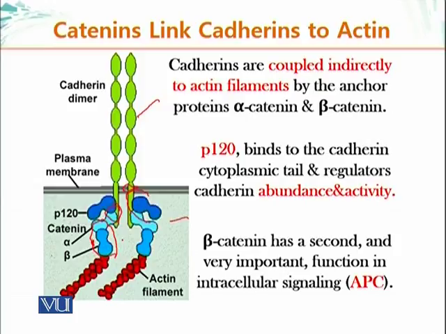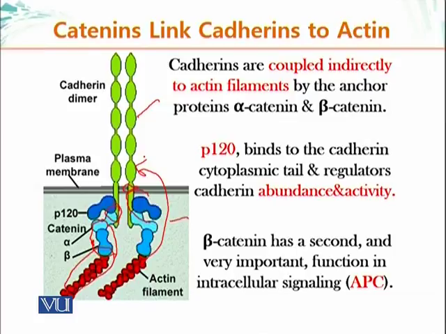Beta catenin then basically directly interacts with the actin filaments shown here and links this molecule with the actin filament. The cadherin molecule is indirectly linked with the actin filament, and we have said that this linkage is important in order to form robust cell adhesion junctions.